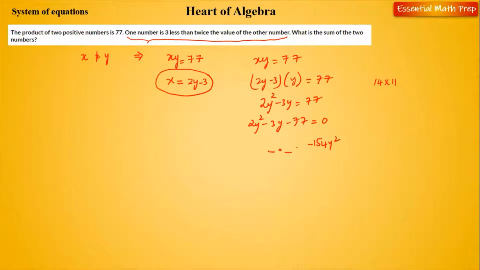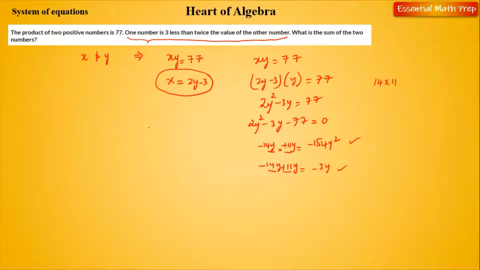You have to multiply two terms, but then add or subtract will give you negative 3Y. If you take negative 14Y and multiply by plus 11Y, you get negative 154Y squared. If you take negative 14Y and add 11Y, then you get negative 3Y.